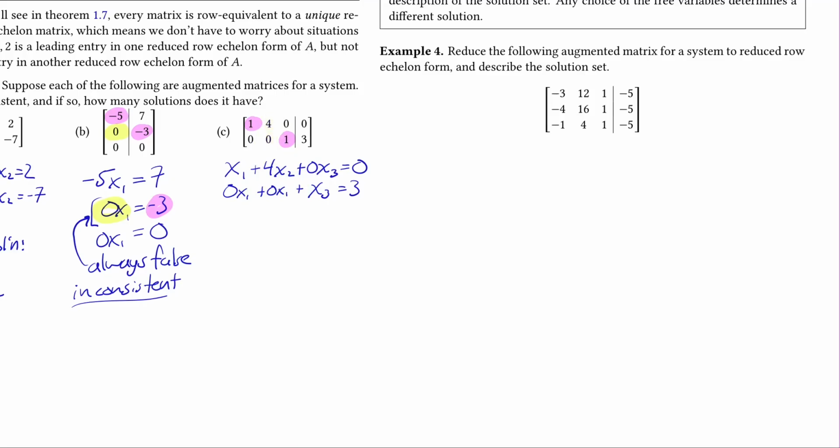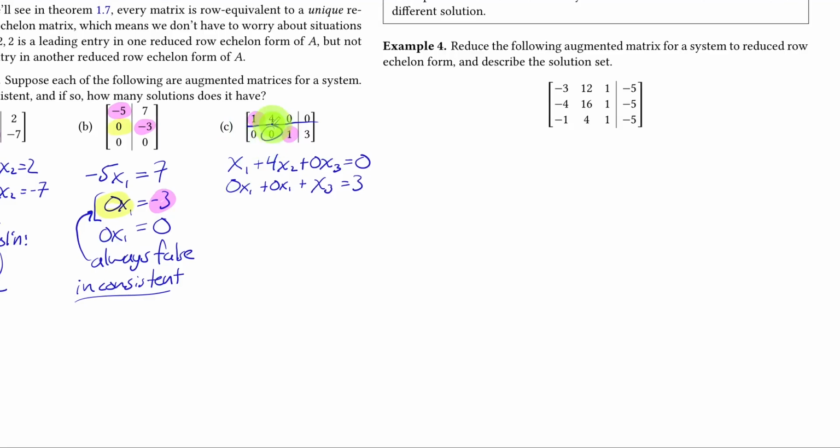And what that means is that you have this equation. 4x2 is not a leading entry, so that means there's got to be another variable in this equation. And because it's in reduced echelon form, we know there's no other equations that have x2 in them. So basically, this is the only equation with x1 and x2. It's got to have x1 and x2.